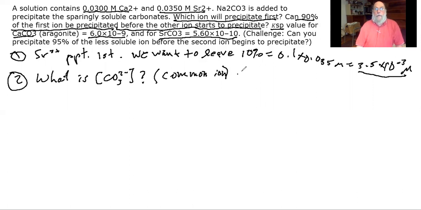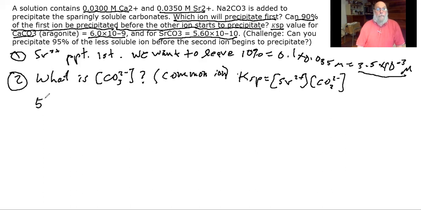So we say KSP equals strontium times carbonate concentrations, and so we plug in our KSP.